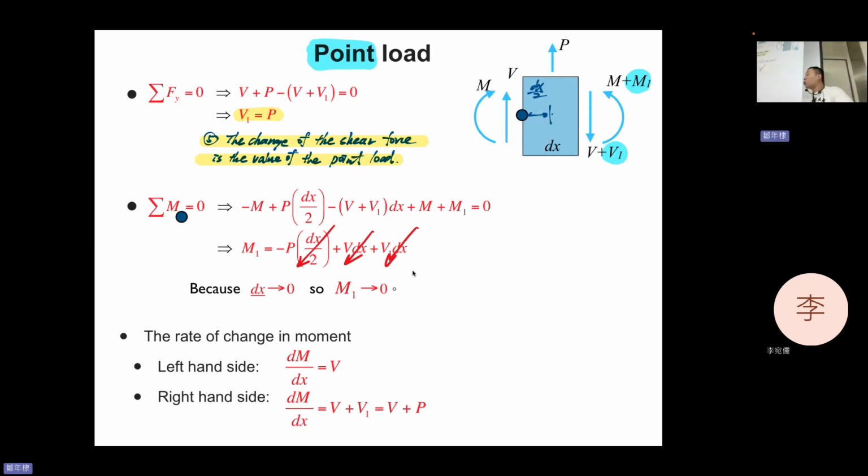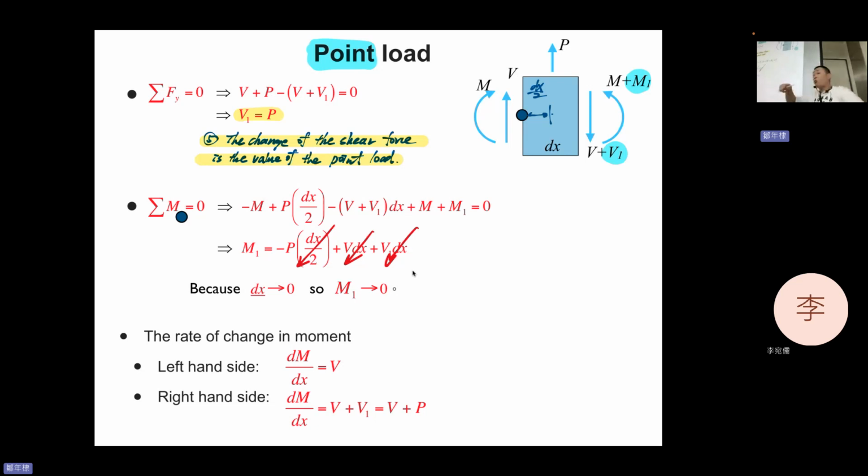So your point load won't affect the immediate M. Your point load won't affect the immediate M, but it will have an effect if your shear force diagram continues to grow.